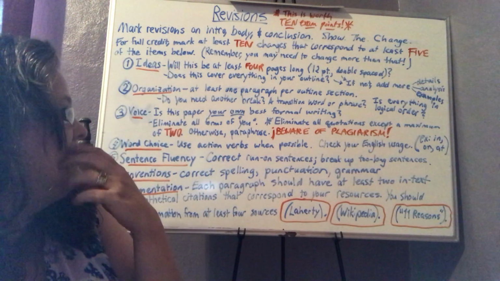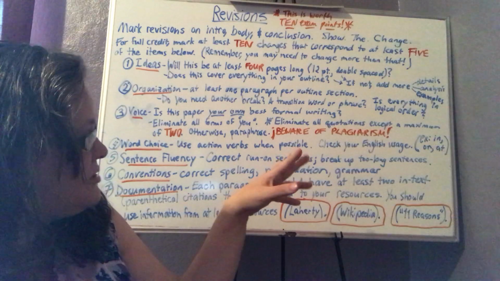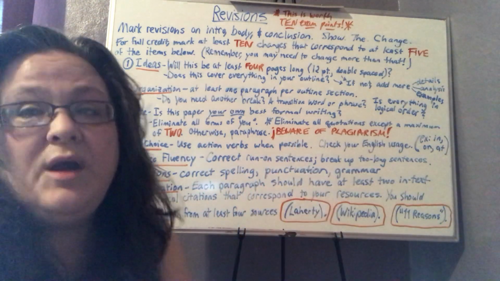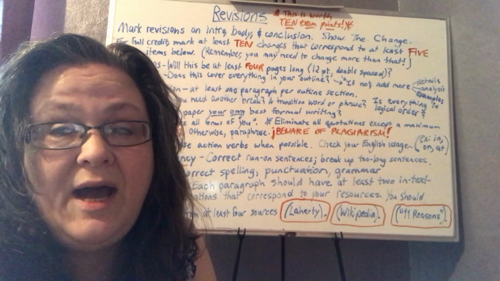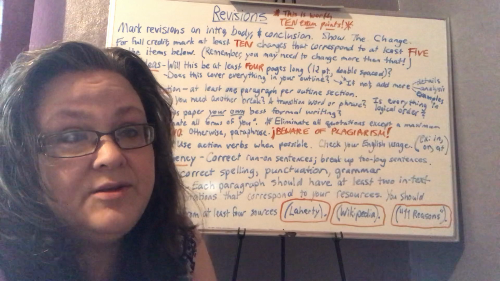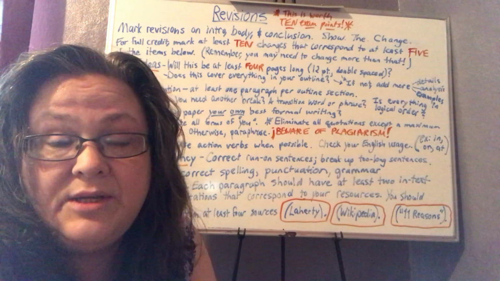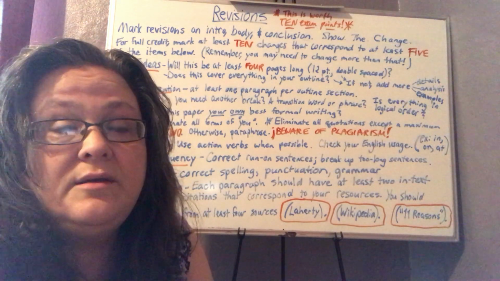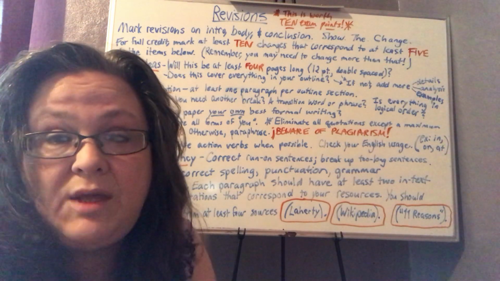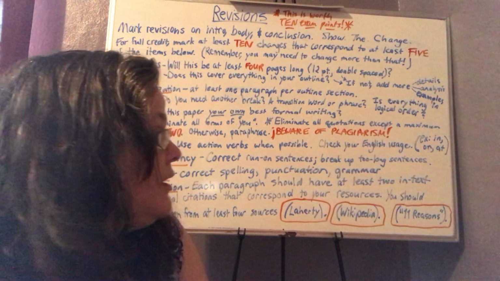Those kinds of things you can quote. Eliminate all quotations except a maximum of 2, otherwise paraphrase, and beware of plagiarism. Remember, if I run your paper through a plagiarism detector and I find that it is 40, 50, 60 or more percent plagiarized, then you will get a 0 on your final draft. That's it.